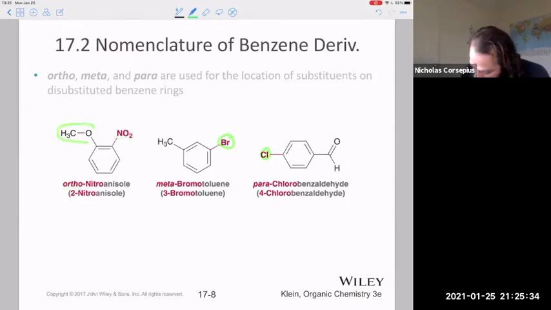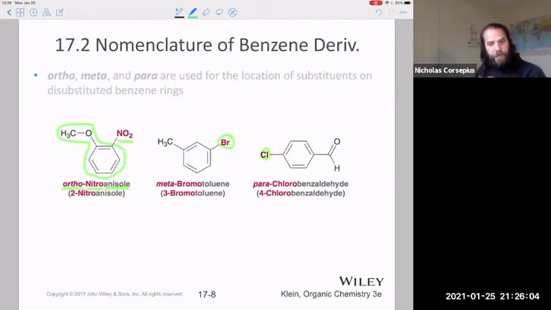We have this special name here, which was anisole, right? That's going to be the parent chain here, a benzene ring with that ether group on it. And then this is nitroanisole because that has the substituent. And then because those substituents are located right next to one another, it is ortho-nitroanisole.